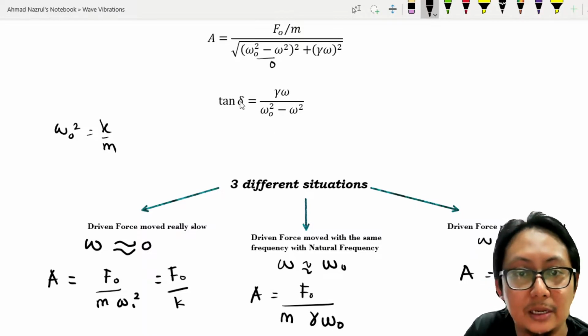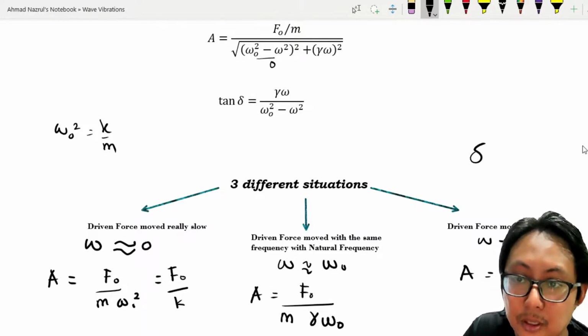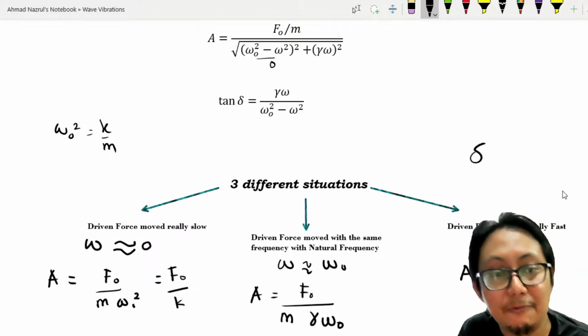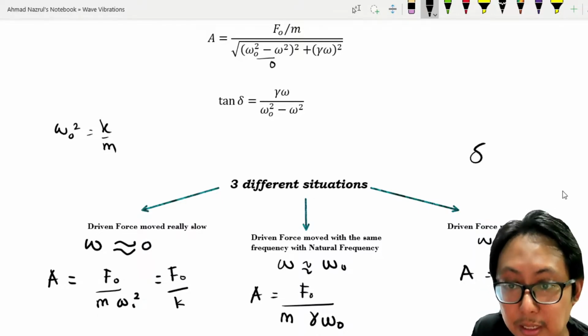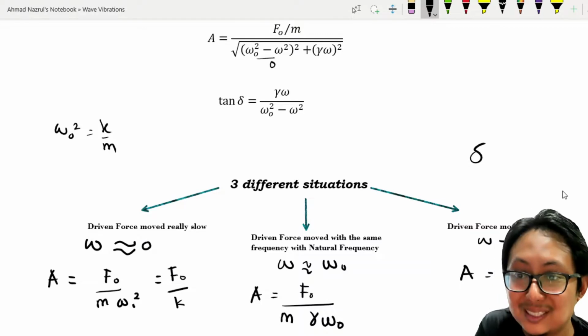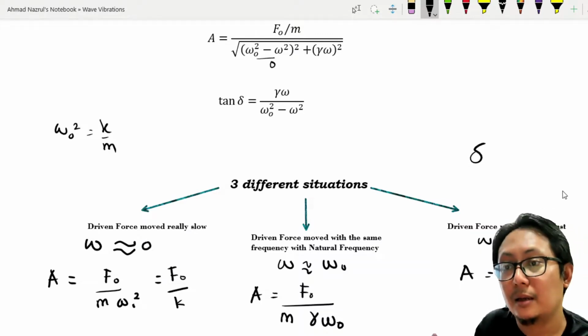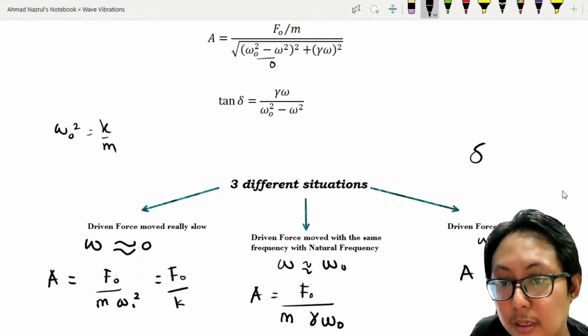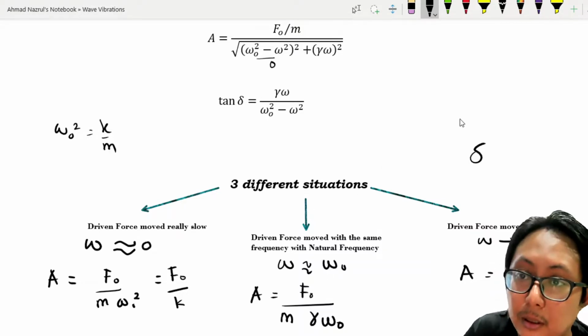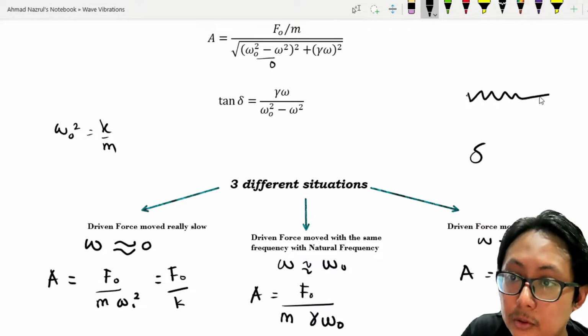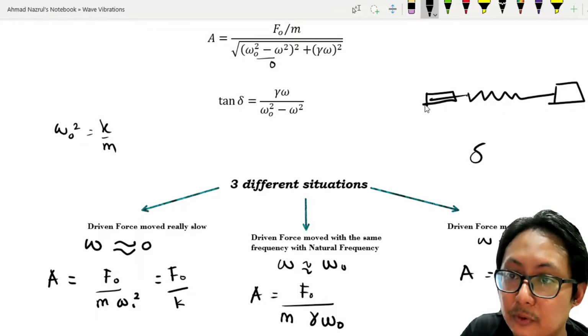And then we have here delta. What is delta? The delta is the phase difference between the driving force and the natural frequency of the MassSpring system itself. For example, we have the MassSpring system, and we put a box here for the driving force.